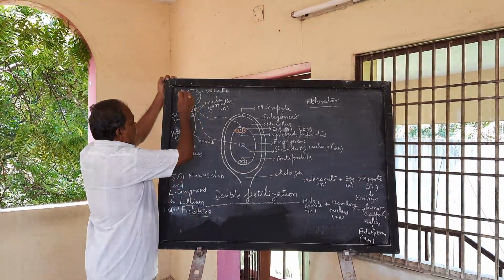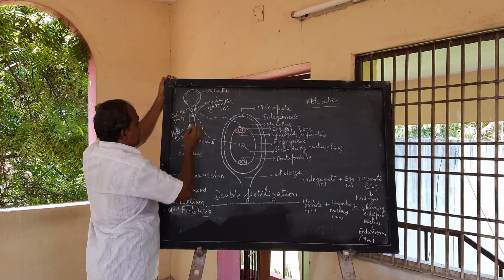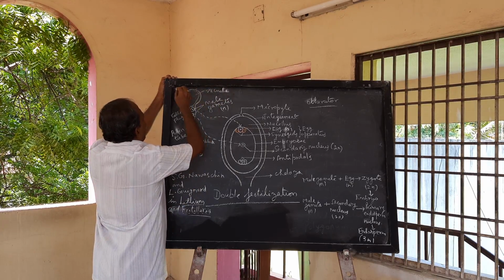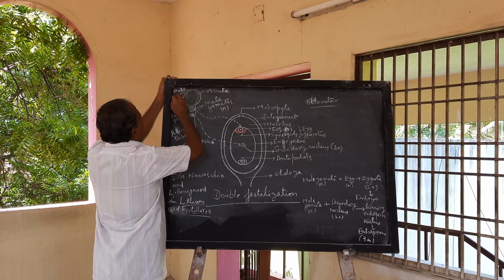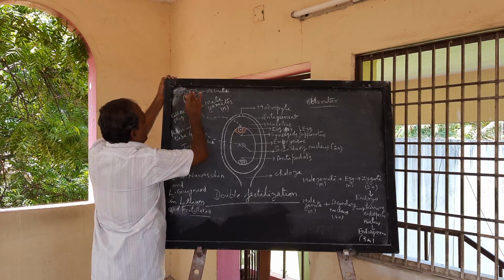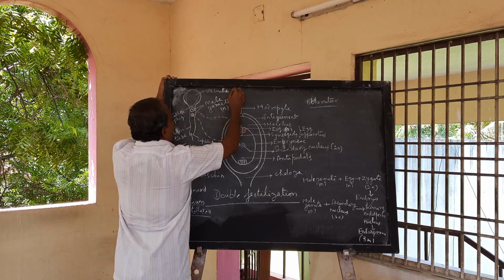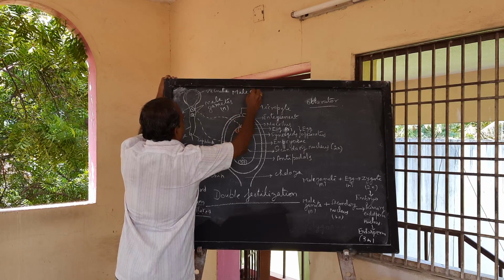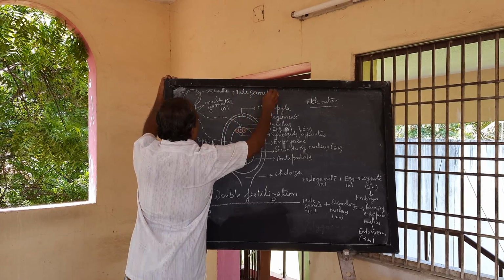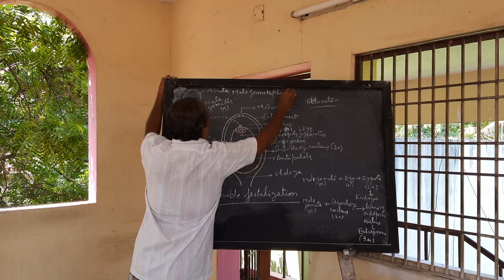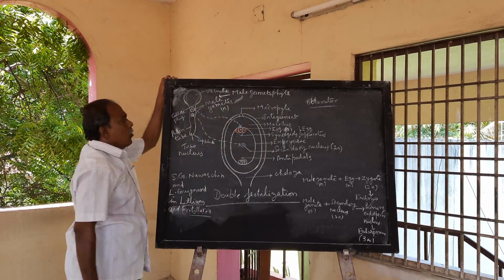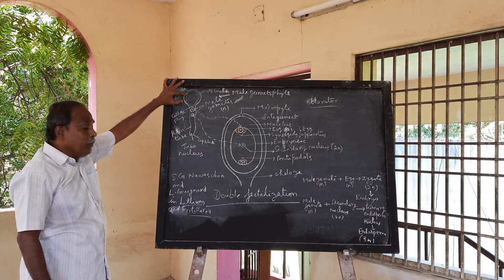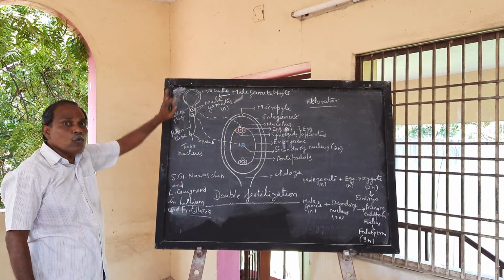Each male gametophyte produces two male gametes.